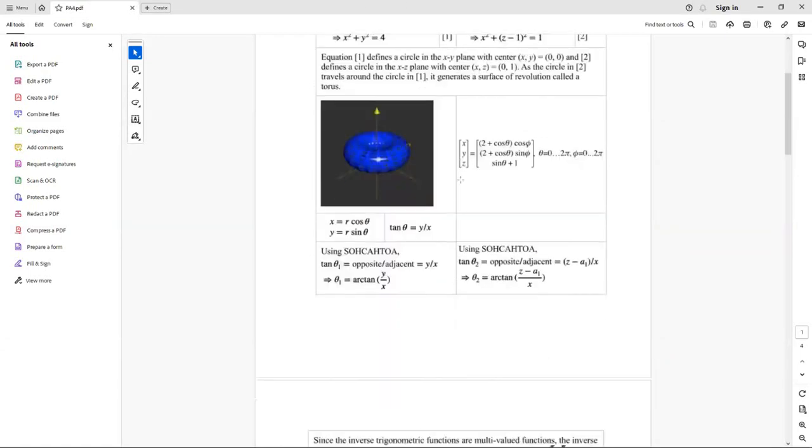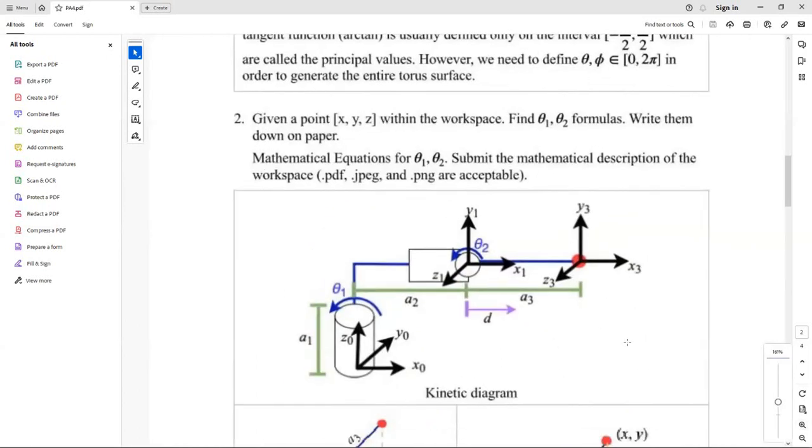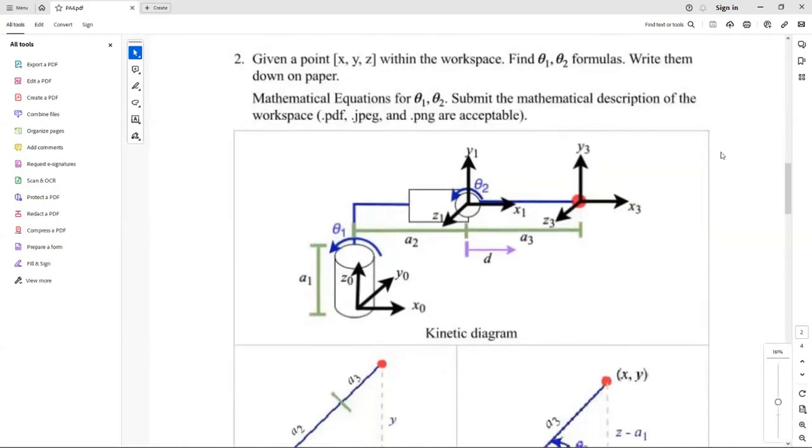So the one that we are looking at, let's look at this kinematic diagram. This is actually a solution given by a former student, a very outstanding student, Louis. I think he eventually went to study a PhD in math or something. I forget his outcome, but I remember that he has a master's in math.